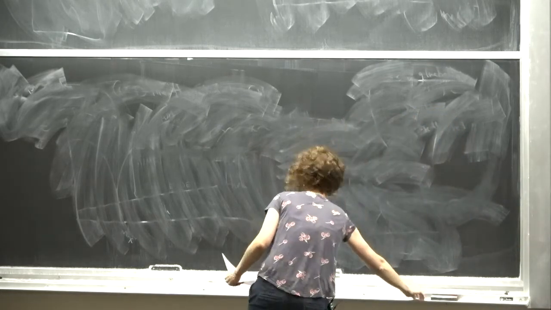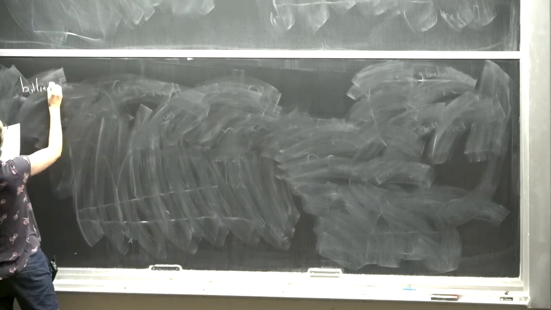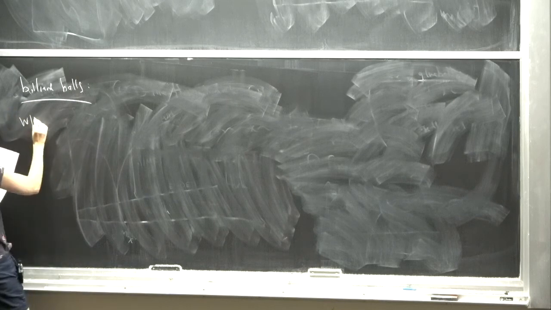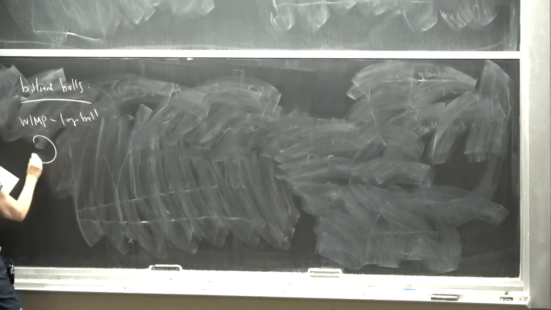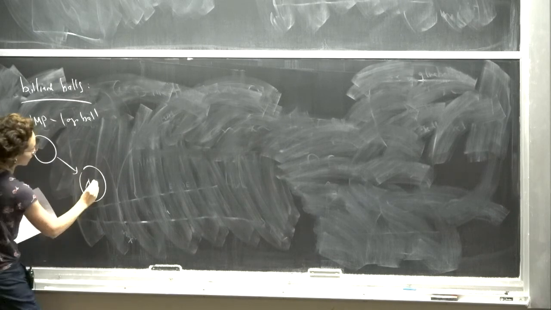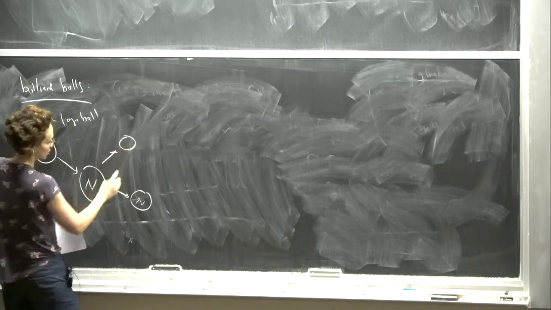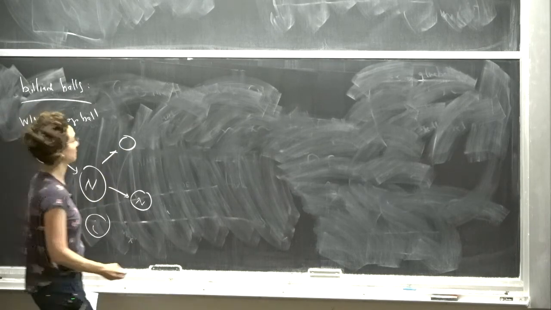So from the billiard ball perspective, this makes perfect sense. So you think of a WIMP as a large ball. Here it is, it comes in, I give a kick to that nuclei, and I can observe this kick, and I'm a happy human being, okay?